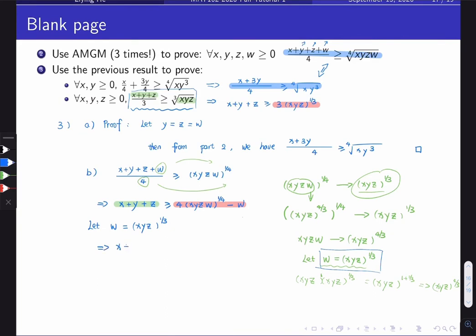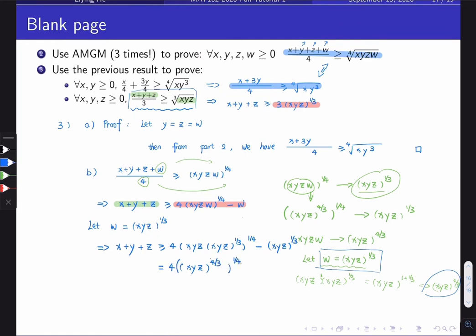You have x plus y plus z is greater than or equal to 4 times (xyz times (xyz) to the power of 1 over 3), whole thing to the power of 1 over 4, minus (xyz) to the power of 1 over 3. xyz times (xyz) to the power of 1 over 3 will give you (xyz) to the power of 4 over 3, and then to the power of 1 over 4.